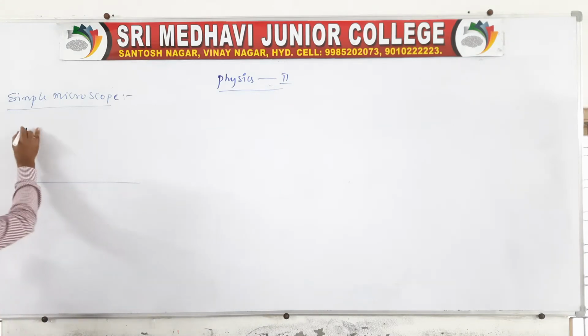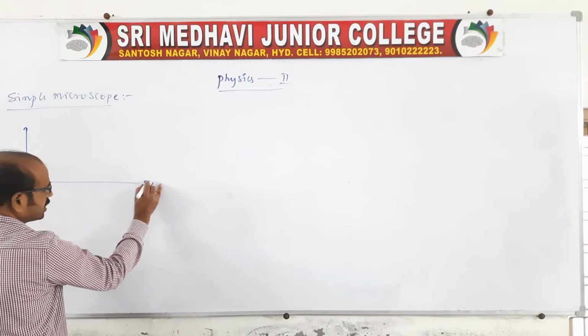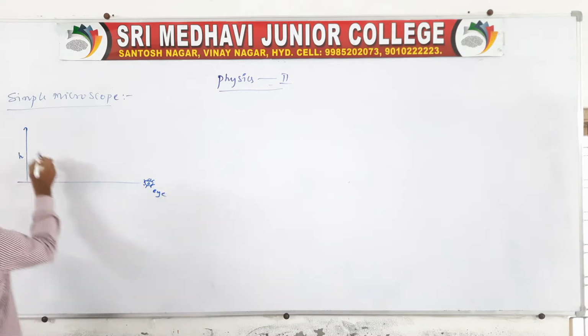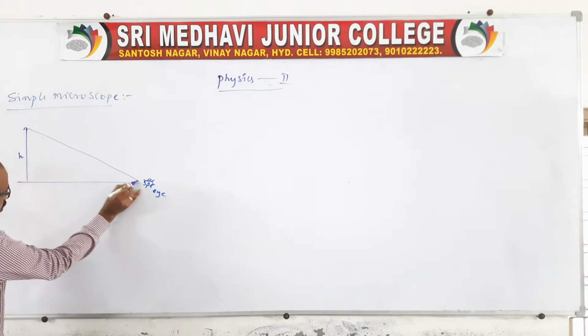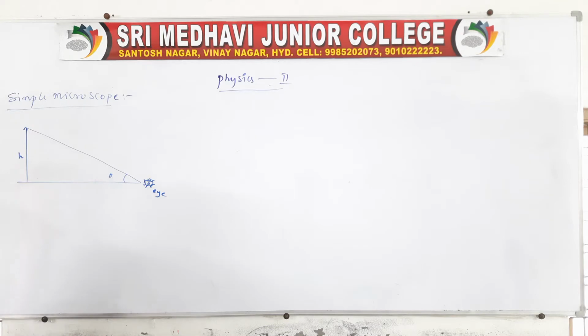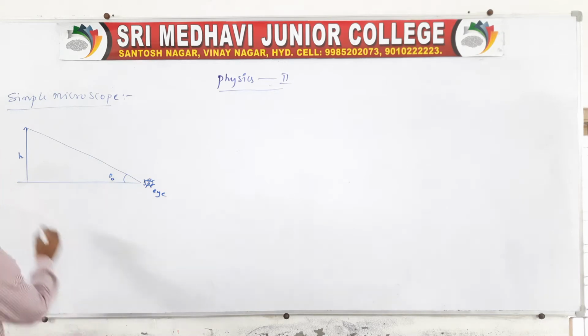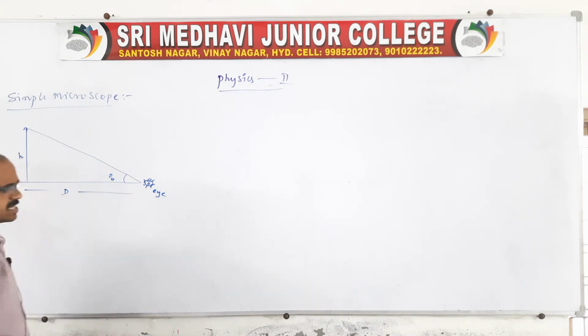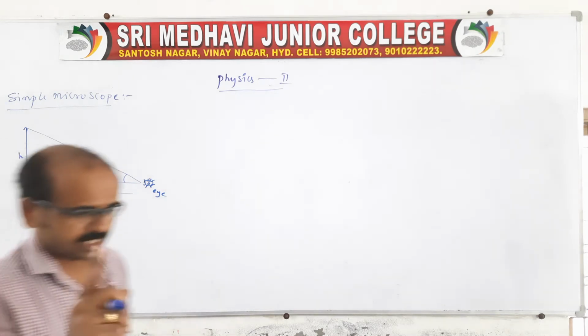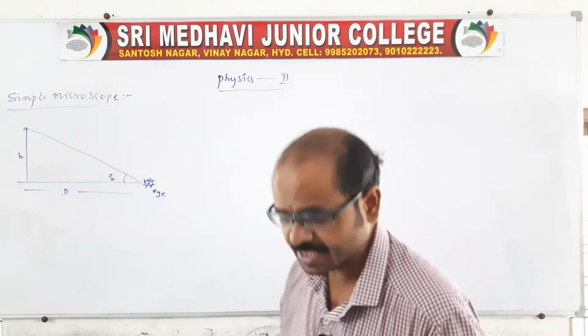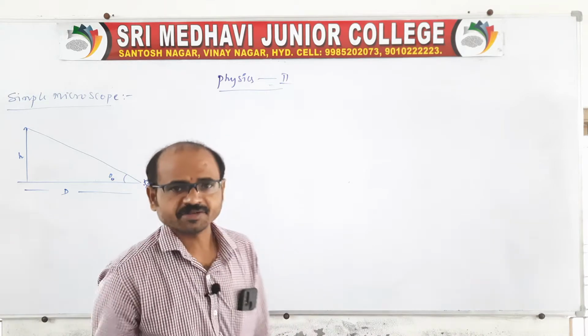Suppose an object of height h is placed, and here is the eye. The image formed on the retina subtends the visual angle theta. The object is at the least distance of distinctive vision, and everyone remember, the least distance of distinctive vision is 25 centimeter.